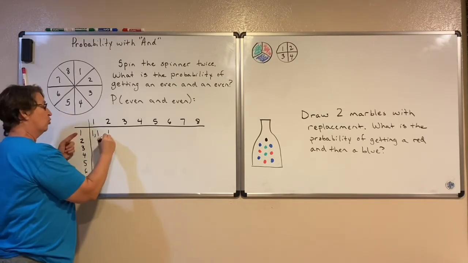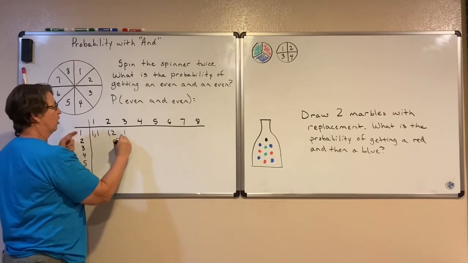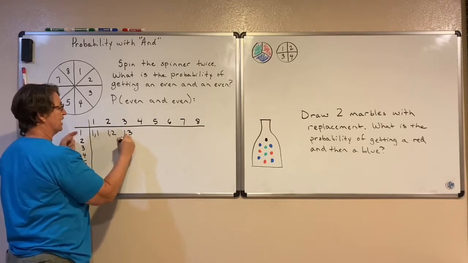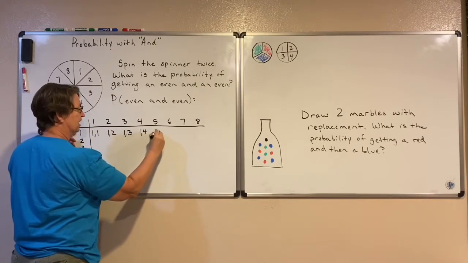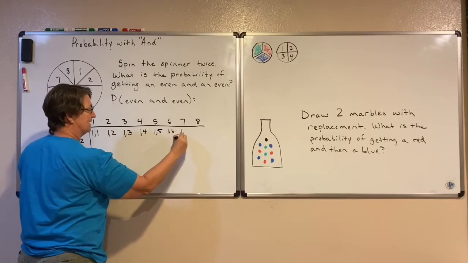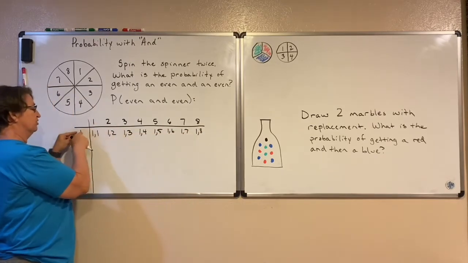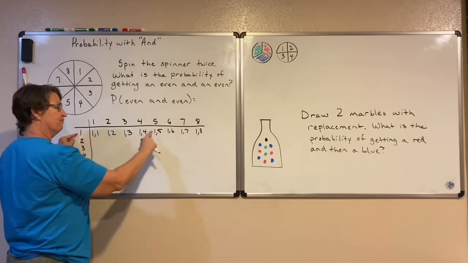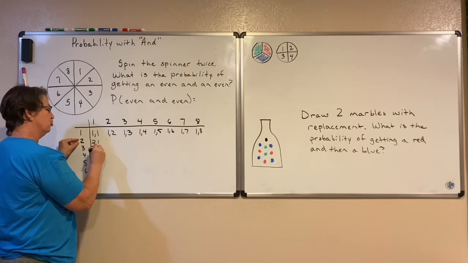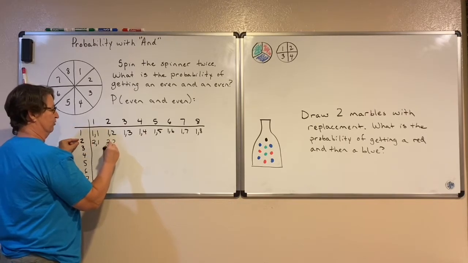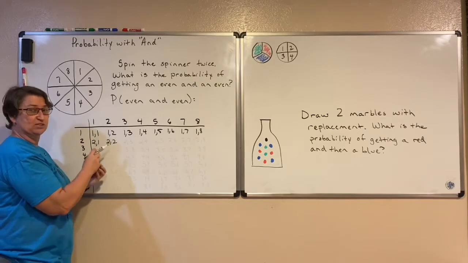I could spin a 1 on the first spinner and a 2 on the second spinner, a 1 and a 3, and I just continue to fill this in until I get all my different possibilities. So there's all the possibilities with spinning a 1 on the first spinner. Then I can do the same for spinning a 2 on the first spinner. I'm going to finish filling in our symmetric sample space.